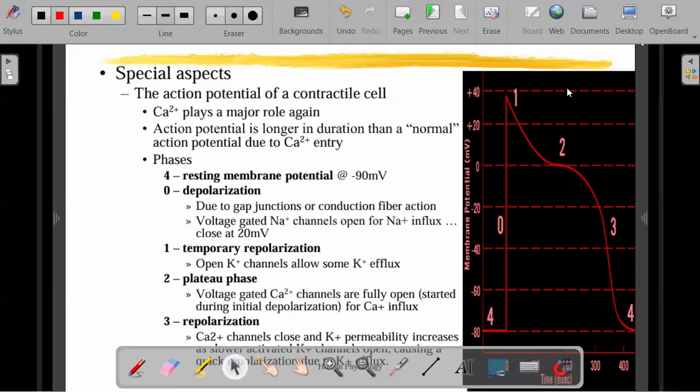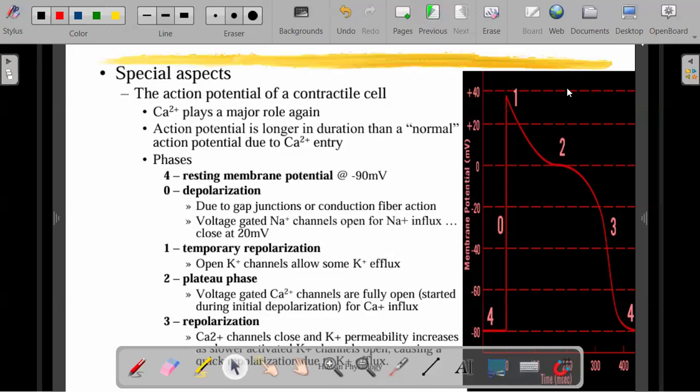This is maintained by the sodium potassium pump and potassium leak channels. This results in the cell being ready for the next heartbeat.